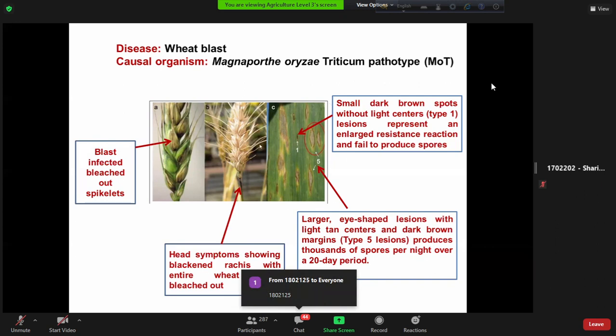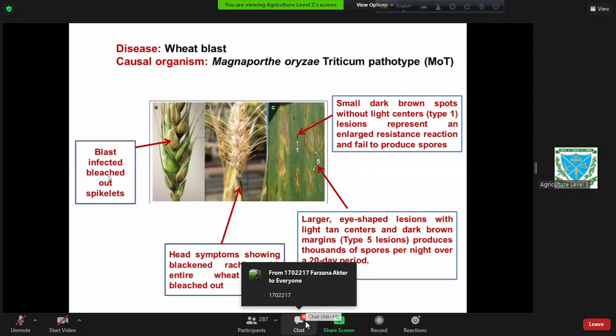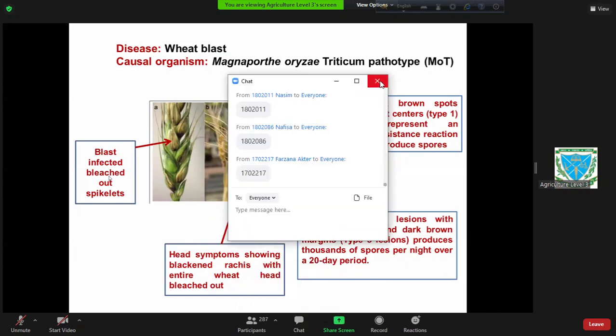If you don't see this type of symptom even on the leaves, you can notice the symptom on the head. What is the head symptom? The head becomes discolored. I mean, it looks as if you burned the green head, and it turns straw color. So a bleached-out symptom. Bleached out means color change, deviating from its normal color.